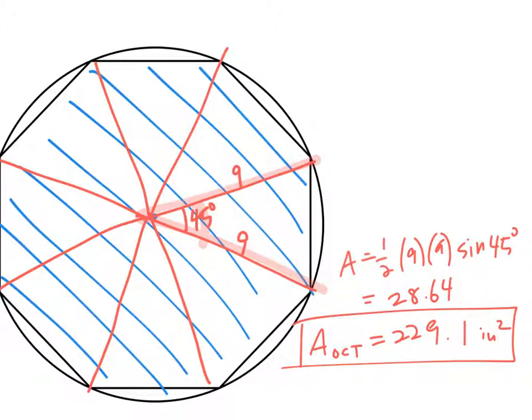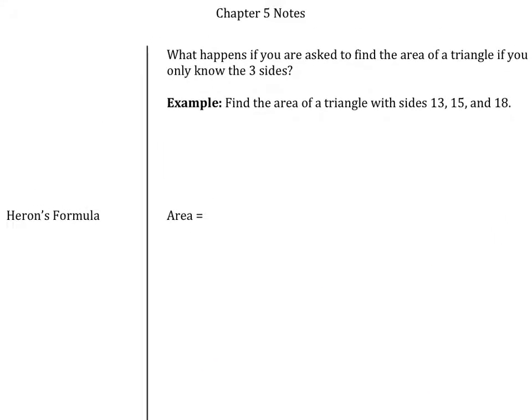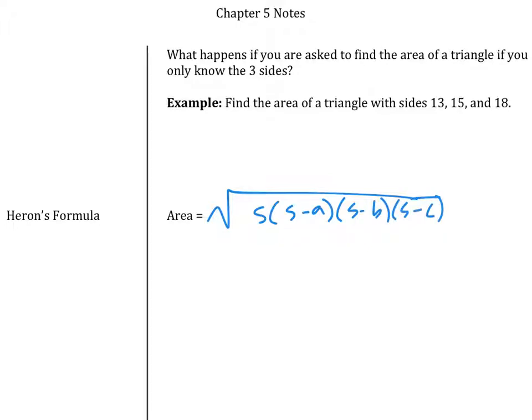All right, last part. This last one, I would say it's an optional formula. So if you are given a triangle with just 3 sides, the area is the square root of s times s minus a times s minus b times s minus c.